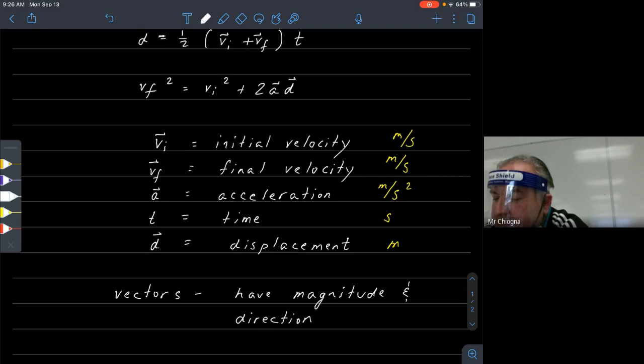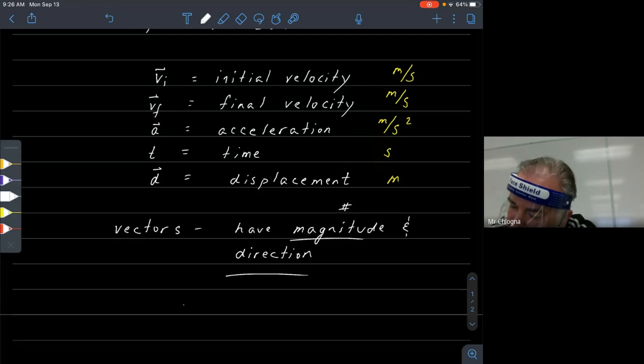Magnitude is just simply a number. Like if you're talking about speed or velocity, let's say we're referring to velocity, the number would be 5 meters per second. The direction we'd have to define either east, west, or positive, negative.